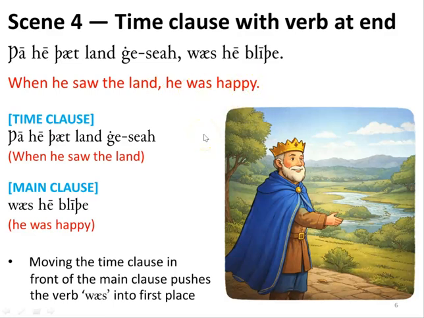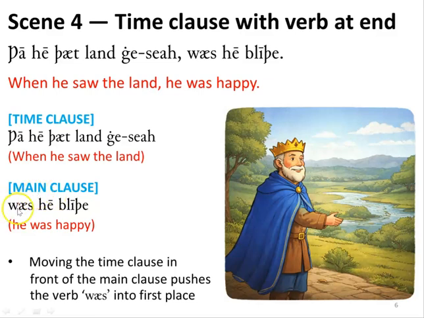Now, again, it's that case of inversion, because you could say he was happy when he saw the land. But you want to emphasize something about when he saw the land. No doubt, you can imagine a king standing there when he saw the land. You want to emphasize that. He was happy. So the time clause is tha he that land gesaw, when he saw the land.